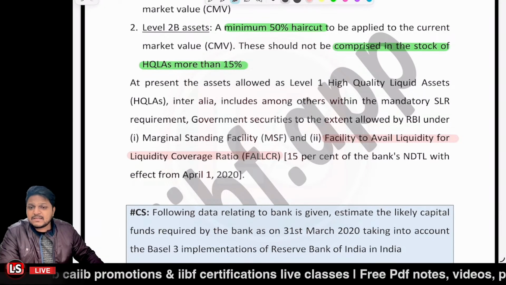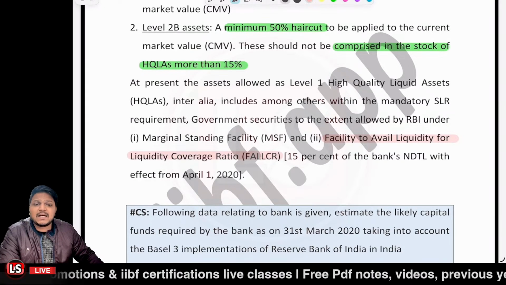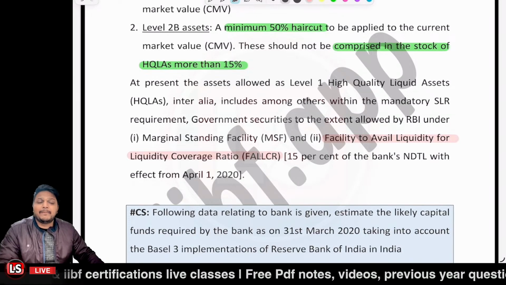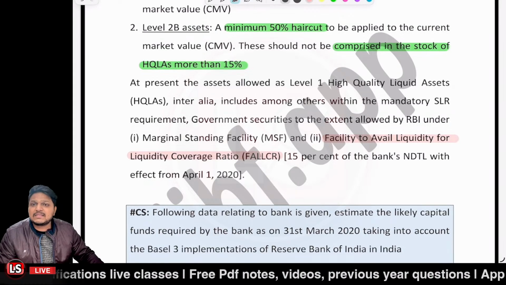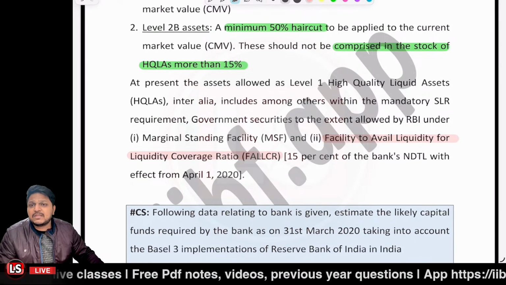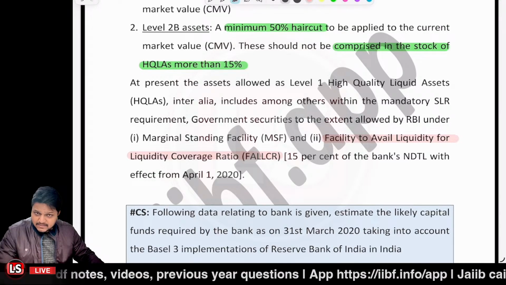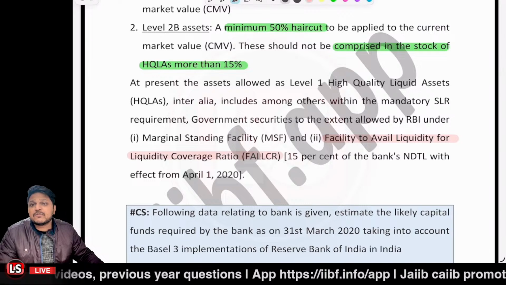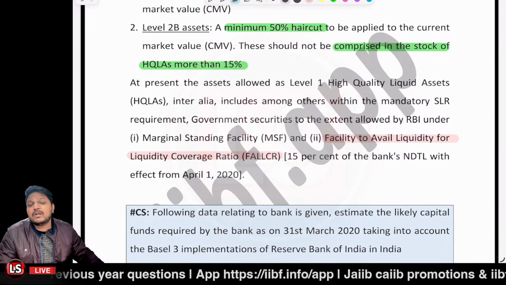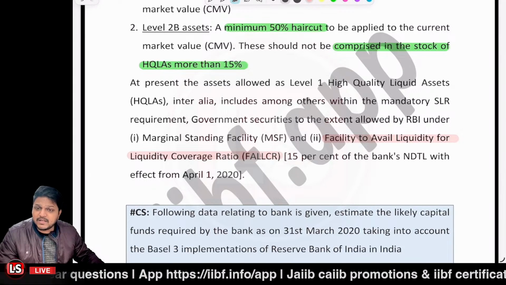So on the bank's net demand time liabilities, it is a facility available to the banks which permits them to avail funds from the central bank so as to meet the liquidity coverage ratio requirements under stress.